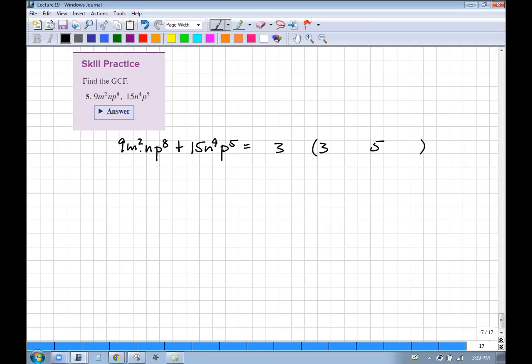What about m's? This one doesn't have any m's, so I can't factor an m out. How about n's? This one has 1. I can collect 1 from each of these. And now the p's, they both have at least 5, right?